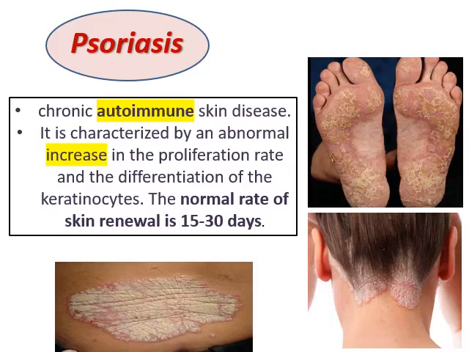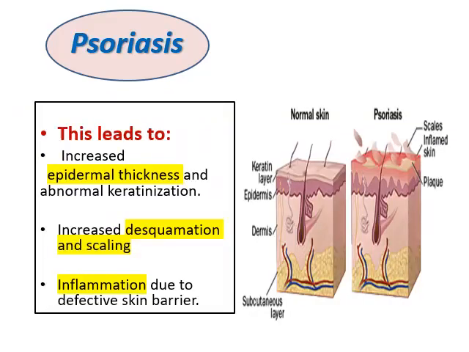As we said, the normal rate of skin renewal is from 15 days to 30 days. This imbalance between regeneration and desquamation leads to increase in epidermal thickness, increase in desquamation and scaling, and inflammation due to defective skin barrier.